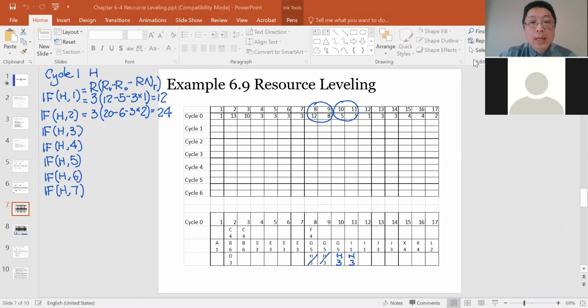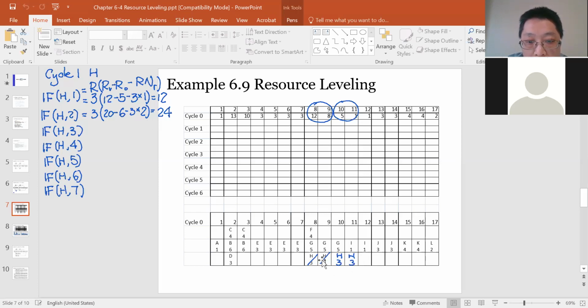Professor, could you explain how you get RO again? RO is occupied. For example, as I showed you over here, I vacated 2 days. If I move 2 days to calculate this 24, I shifted from day 8 and day 9 to occupied day 10 and day 11.